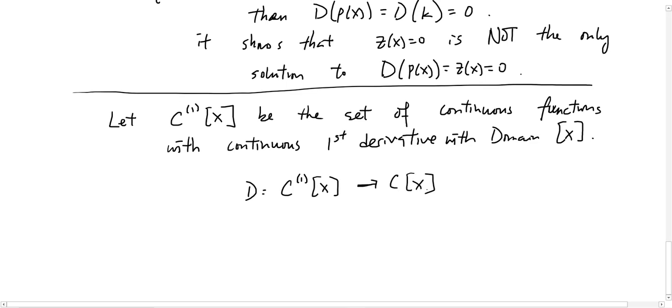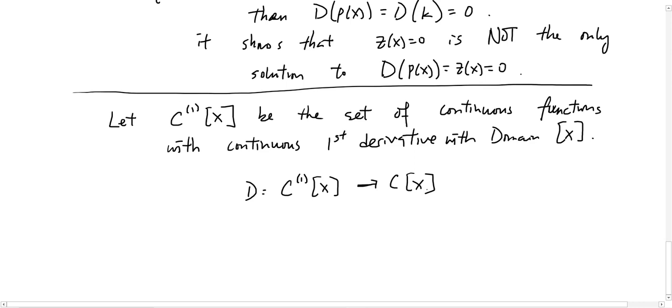Why? Because think about it, if you take a function that has a continuous first derivative and you take the derivative of that, then what you get would be a continuous function, because C parenthesis 1 already established that any first derivative within this set is continuous.